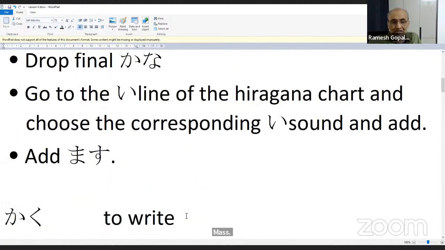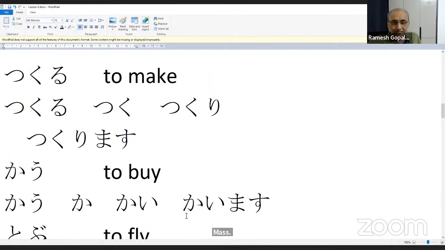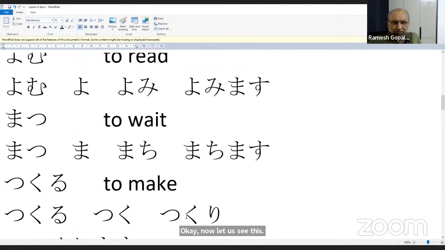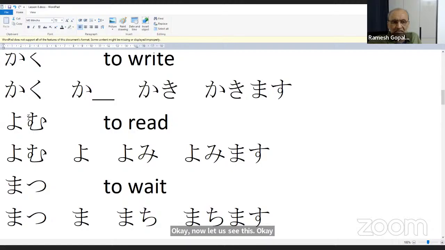Okay, now let us see this again. Kaku, to write, drop ku, add ki, and then add mas. So kakimas. Yomu, drop mu, yo, add mi, because that is the corresponding e sound.